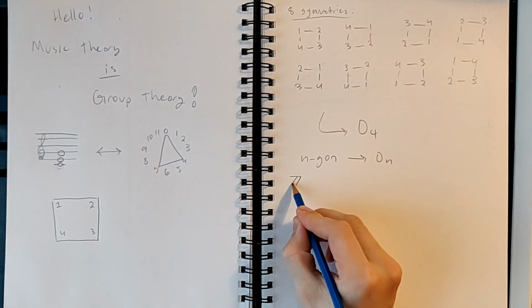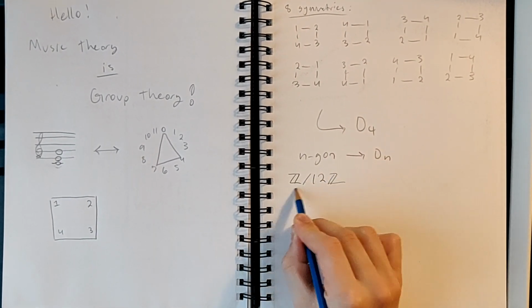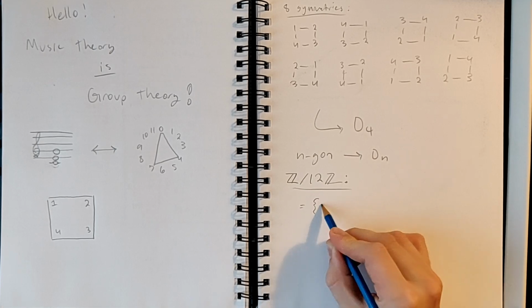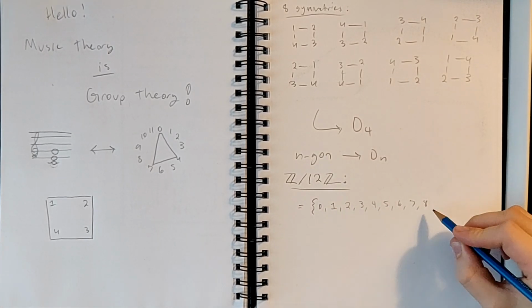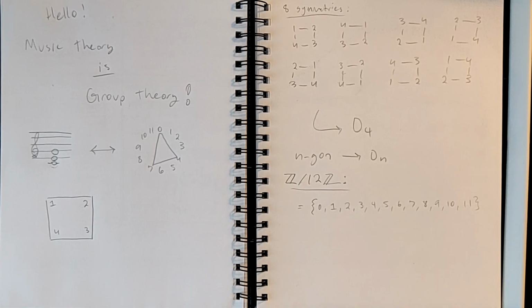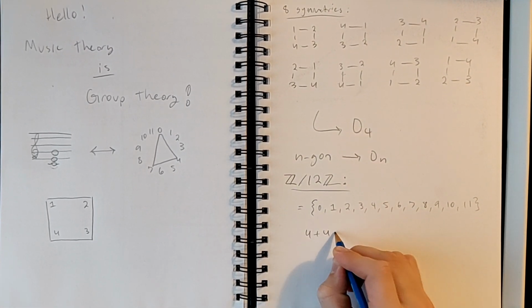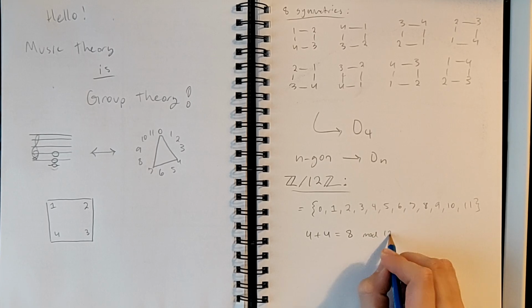Here's another group. Consider the 12 integers 0 through 11. These integers also form a special type of group called Z mod 12Z under an operation called addition modulo 12. Addition modulo 12 is just like the addition most people are familiar with, but after adding two numbers, you subtract off any multiples of 12.